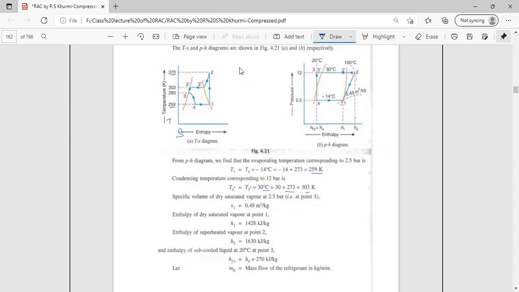The specific volume of dry saturated vapor at 2.5 bar, that is at point 1, is given as 0.449 meter cube per kg. So what happens? The enthalpy of dry saturated vapor at point 1 is given as H1 of 1428, and the superheated enthalpy is given as 1630 kilojoule per kg.